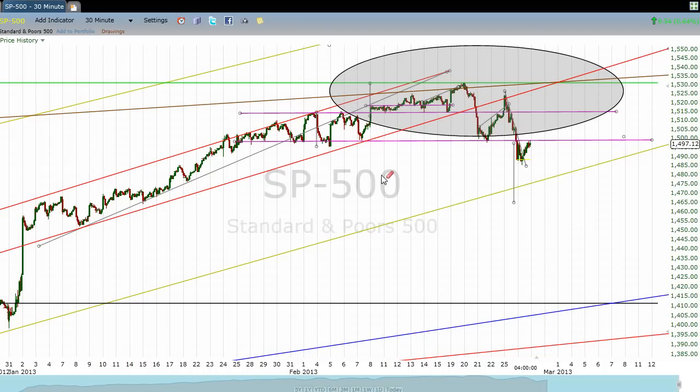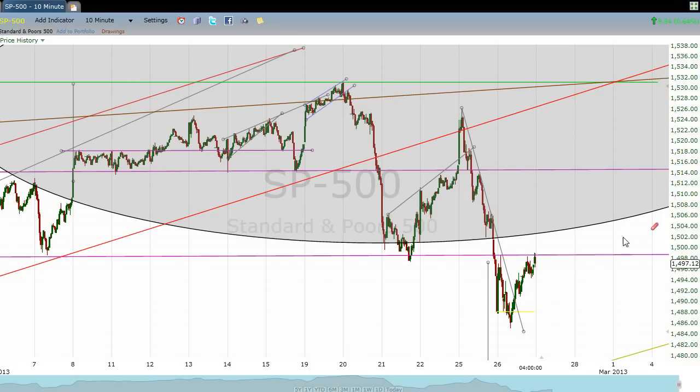So this neckline broke, and today we tried on a number of occasions to get back over that line, inched over it by a hair, maybe once or twice, but certainly not by any margin that carries any technical significance whatsoever.